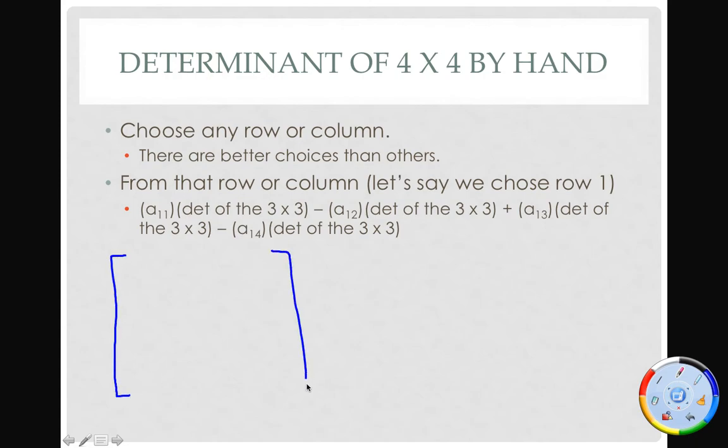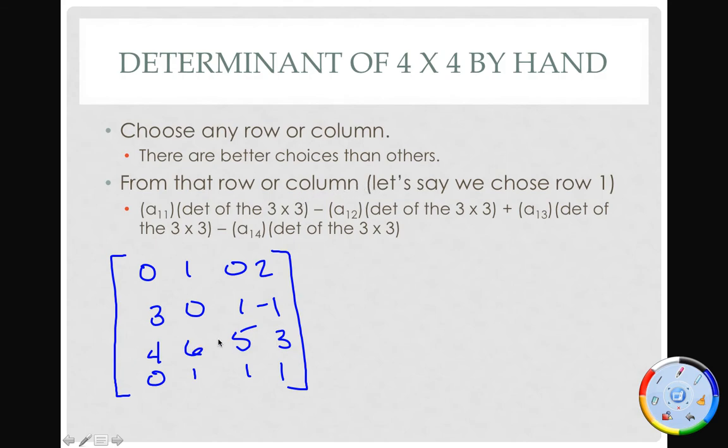So we get a 4x4 matrix here. Let's do 0, 1, 0, 2, 3, 0, 1, -1, 4, 6, 5, 3, 0, 1, 1, 1. And like I said, any row, any column, doesn't matter. Choose a good one.